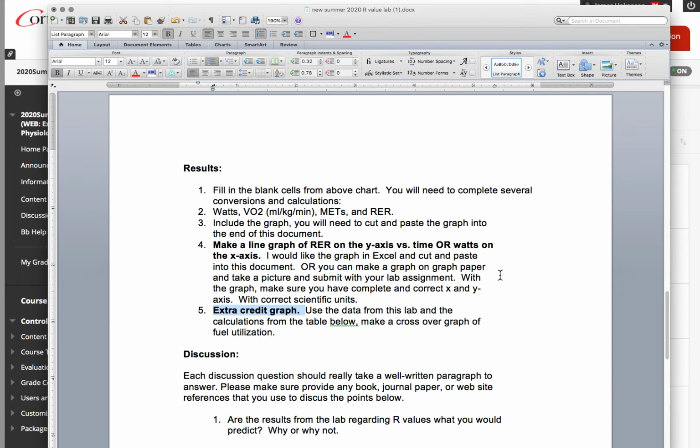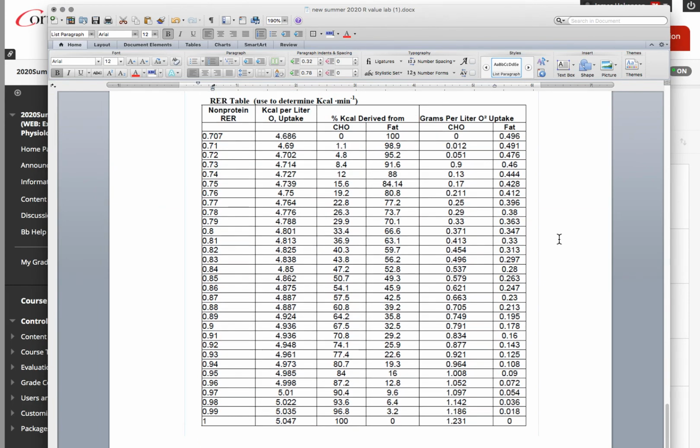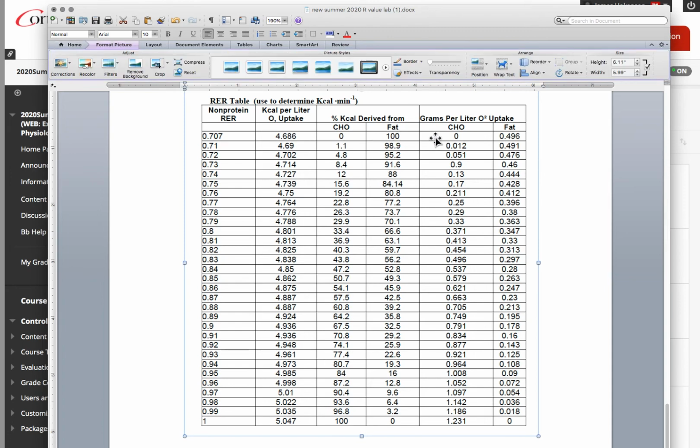And you will find those data from this data table at the bottom of our graph. So here's an R value. And so remember, at an R value of close to 0.7, a person is burning 100% fat as a fuel. Oh, there, 100% fat as a fuel and 0% carbohydrate as a fuel.